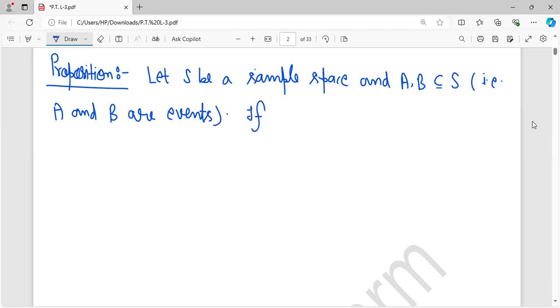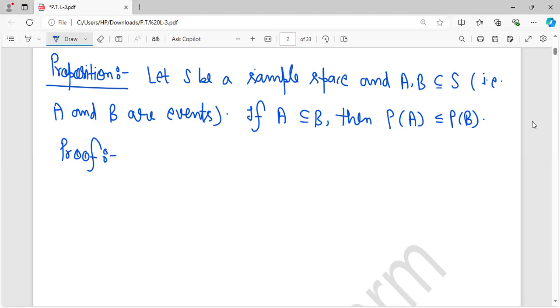If A is a subset of B, then the probability of A is less than or equal to the probability of B. So let's see its proof. Its proof is simple.